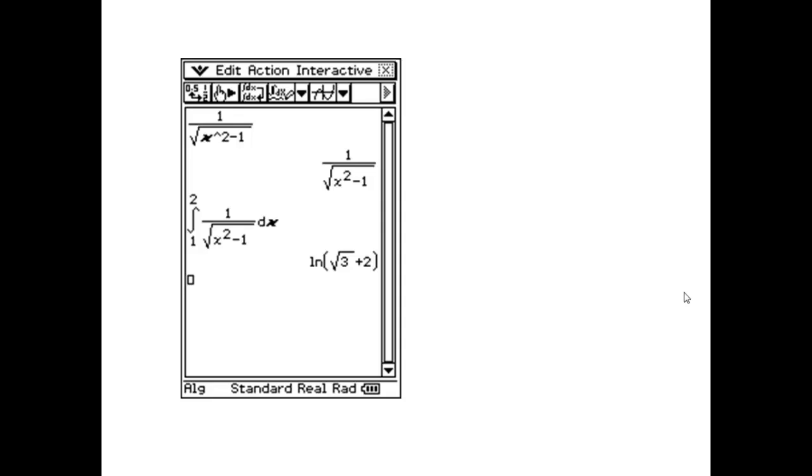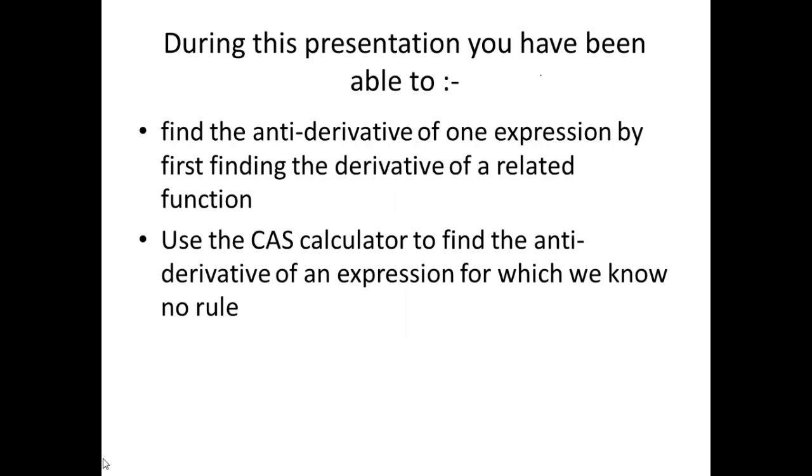So when we don't have a rule, we just throw it straight into our graphing calculator, put it in exactly as it seems, and the calculator will give you an answer. Sometimes your calculator will be able to help you with the answer, sometimes it won't. So if you've got no clue, just put it in the calculator and see what happens.